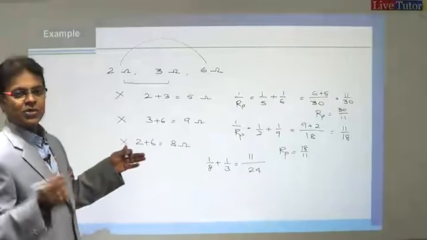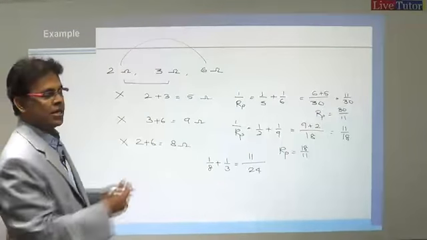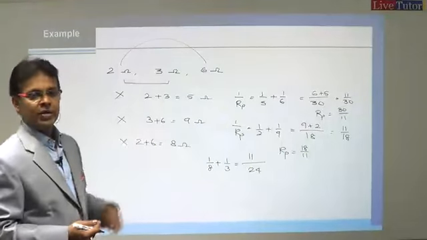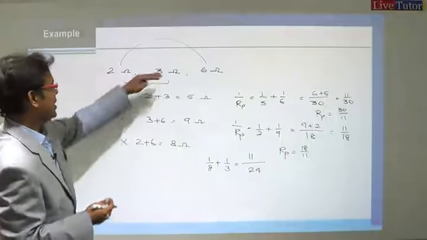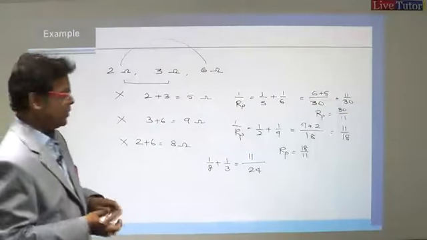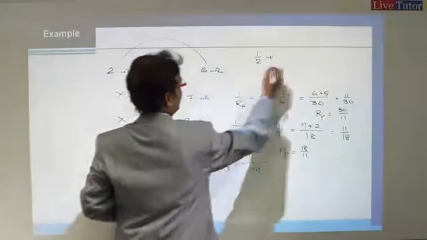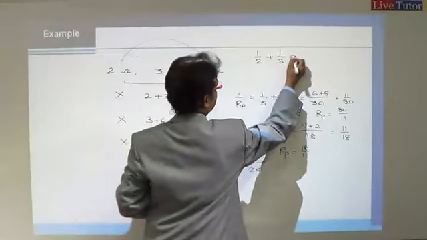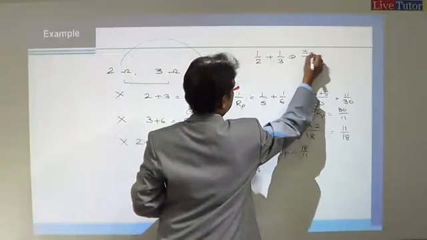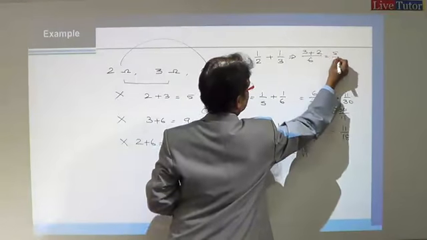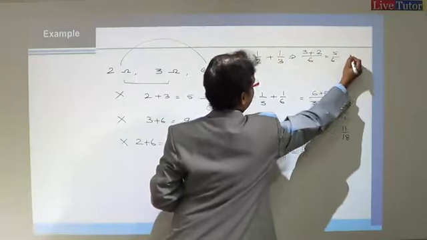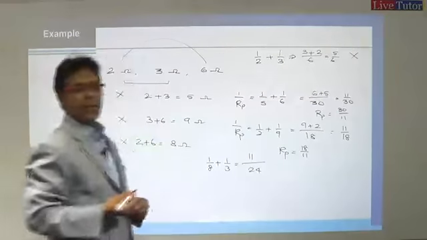See, this is what, as you said, trial and error, because certain things we cannot decide on seeing them the first time. So first you take these 2. So what shall we do? 1 by 2 plus 1 by 3. That means 6, 3 plus 2, that is 5 by 6, or Rp is 6 by 5. So that is also not possible.